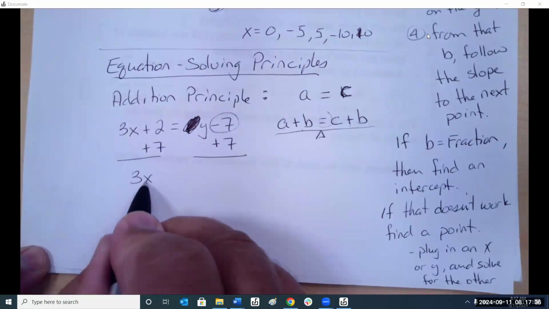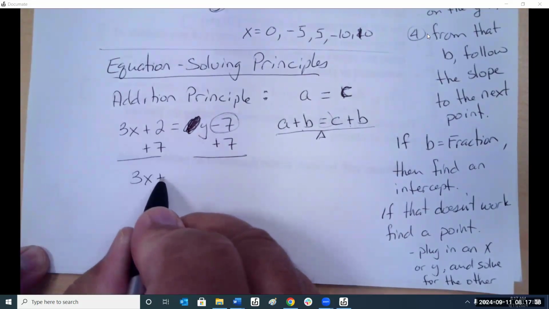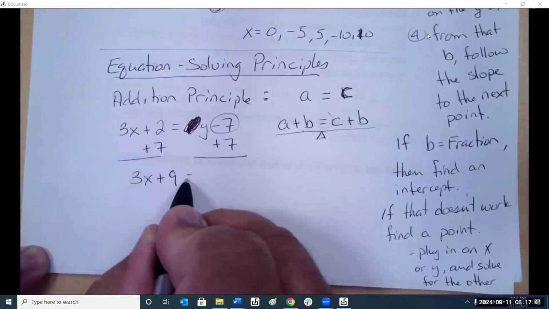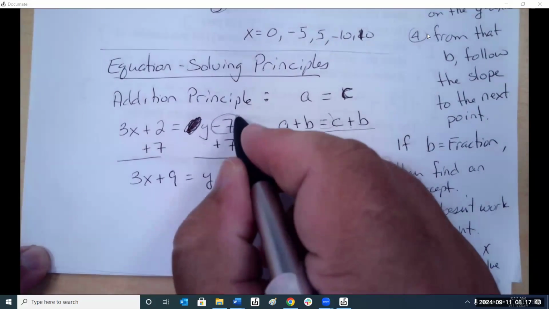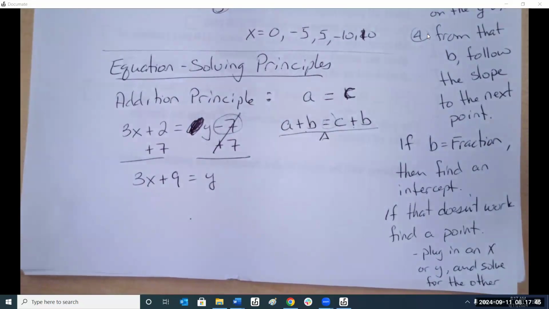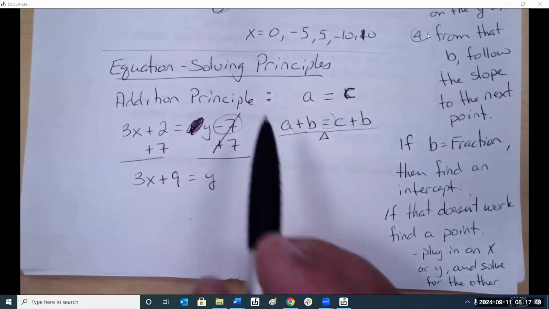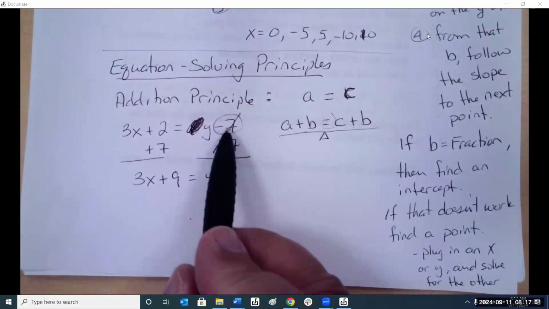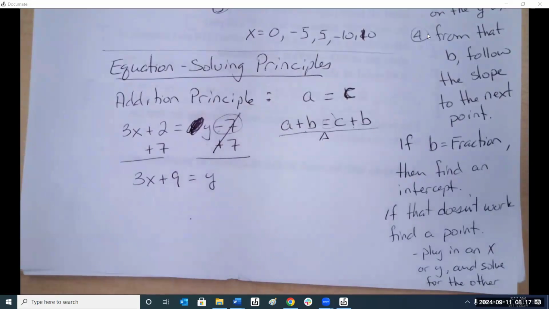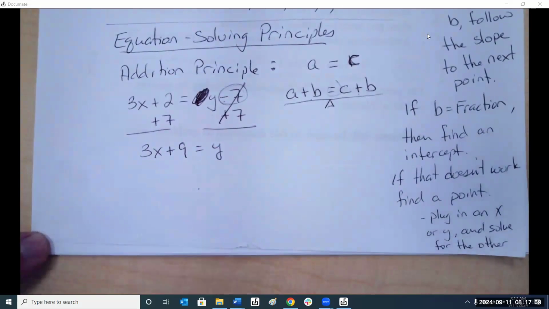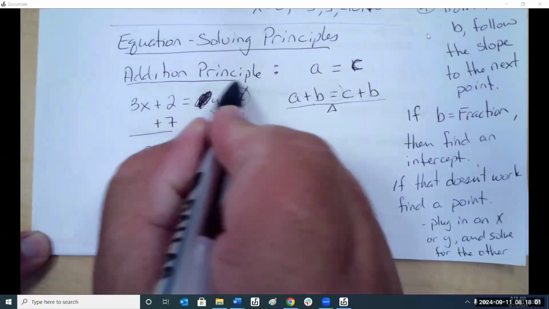So we have 3x, since they're both positive, same sign, add the numbers, and these cancel. That's called the inverse property: to get rid of something that's added or subtracted, just do the opposite to it. All right, that's the first property or principle.